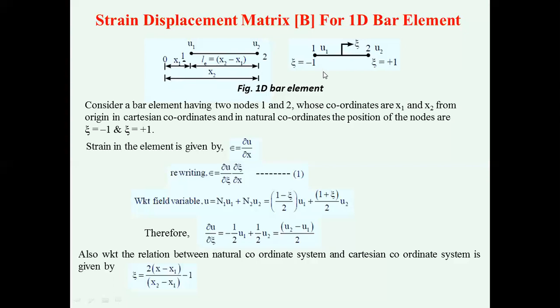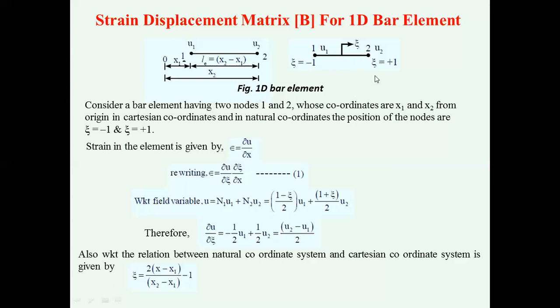Similarly, you have to represent the element in natural coordinate system, that is zeta. The value of zeta is 0 exactly at the center of the element. Towards the left hand, it is -1. Towards the right hand, it is +1. So at node 1, zeta is -1. At node 2, zeta is +1.